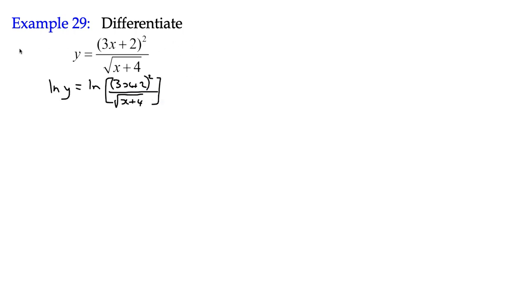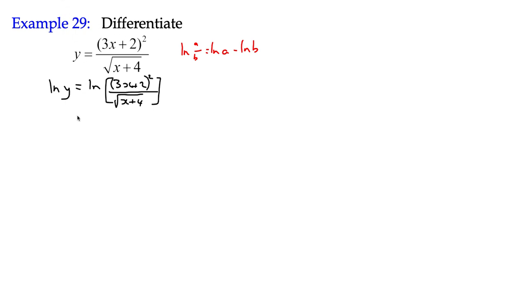Now, you may already know that in dealing with log rules, if you've got the log of a over b, we can write that as the log of a subtract the log of b. Usually we use it the other way around, where we're simplifying a difference of log terms by writing it as a fraction, but we can also break it up or work the other way.